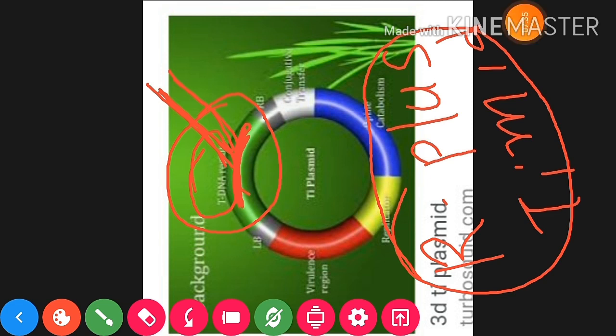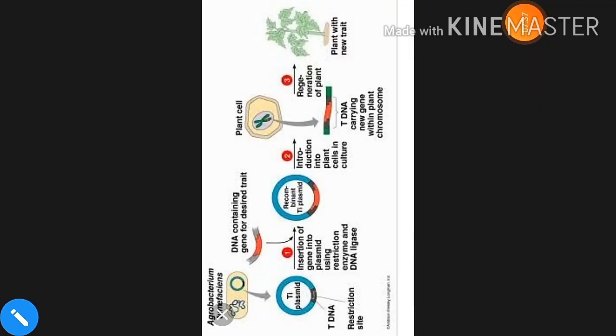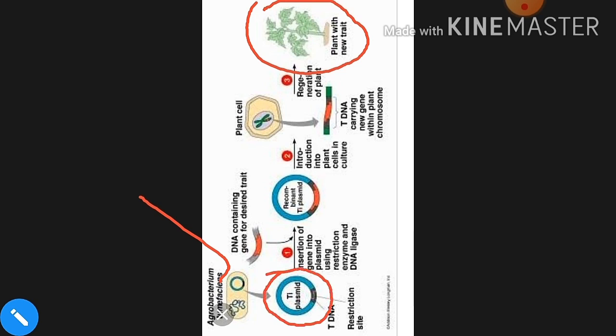Okay, so here this is the process of how we can transfer the desired DNA into the dicot plant. Here you can see easily, this is the Agrobacterium tumefaciens bacterium, from where we take the TI plasmid like this, and in this TI plasmid this is the transferred part, tDNA.